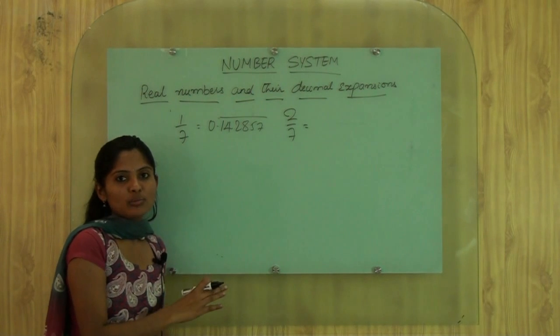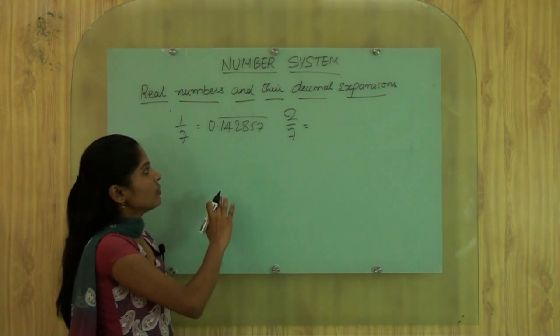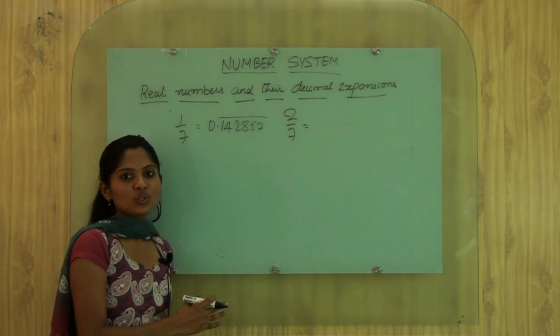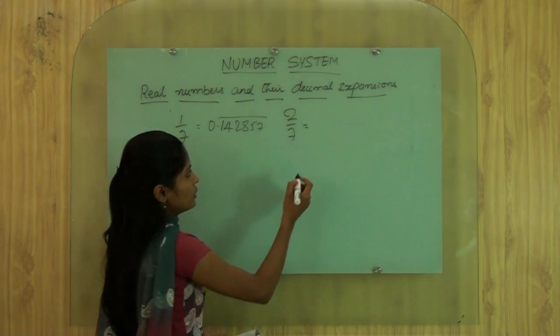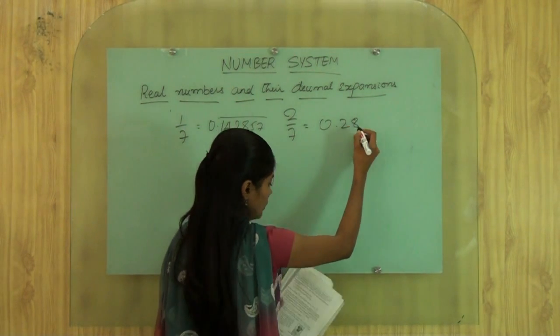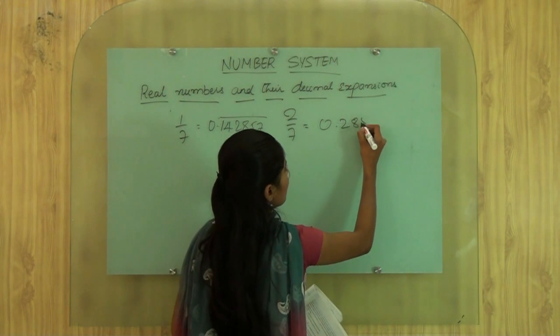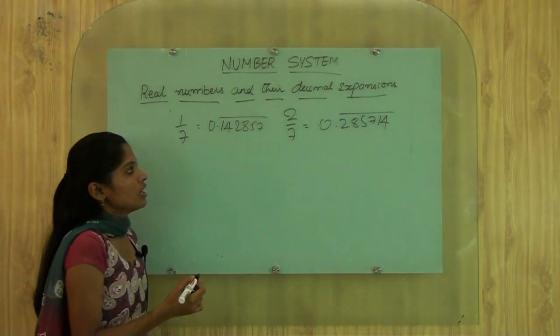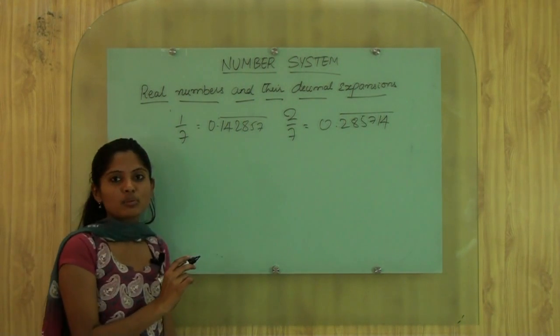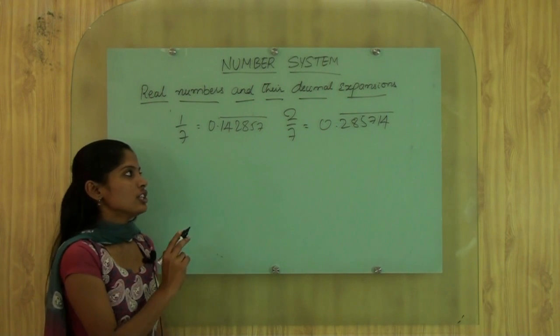These are the two rational numbers. We have to find the irrational numbers between these two rational numbers. 2 by 7, the value is 0.285714 bar.